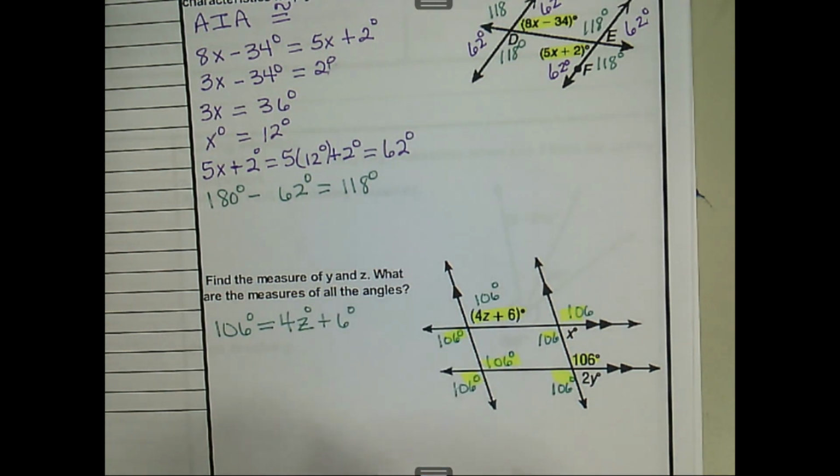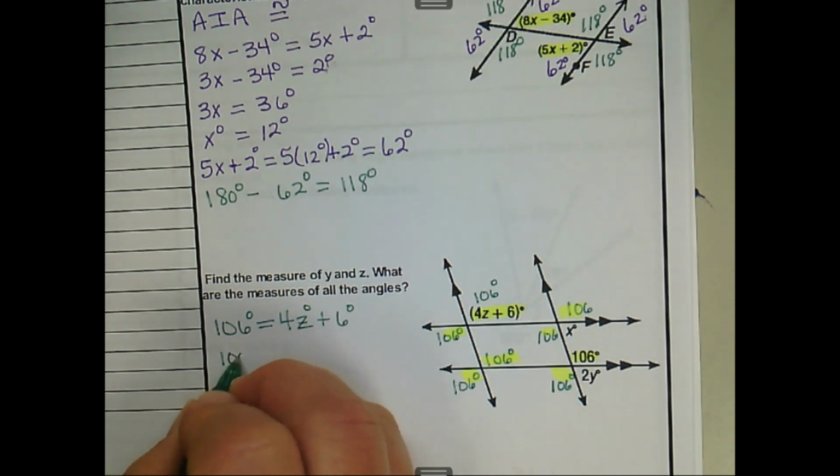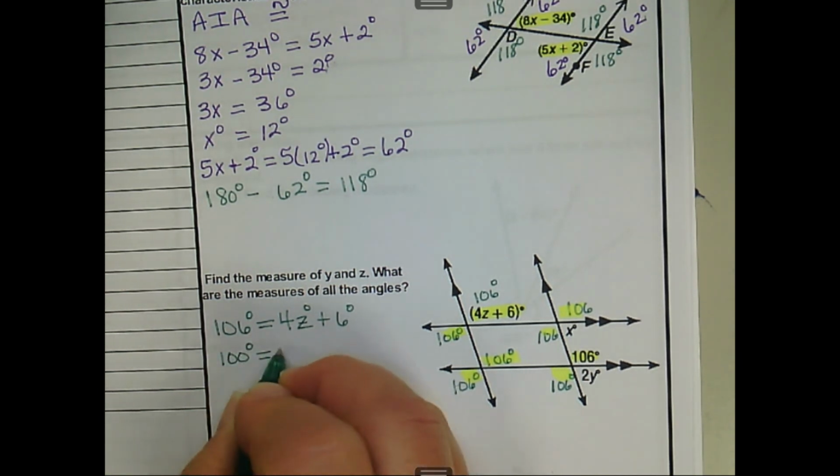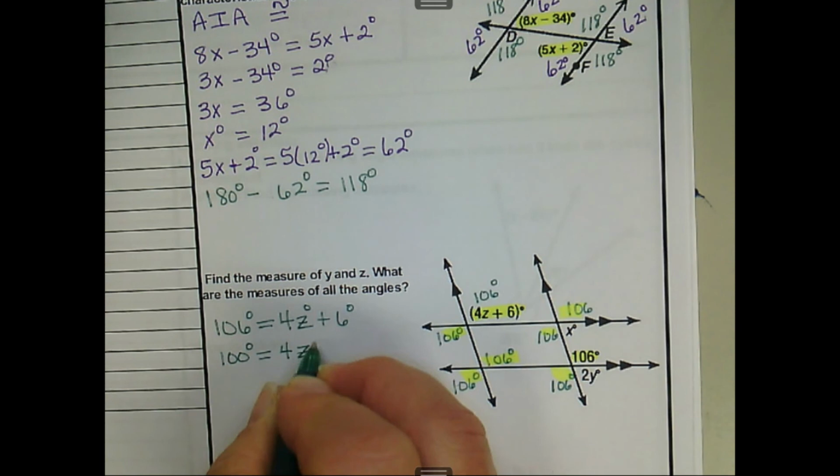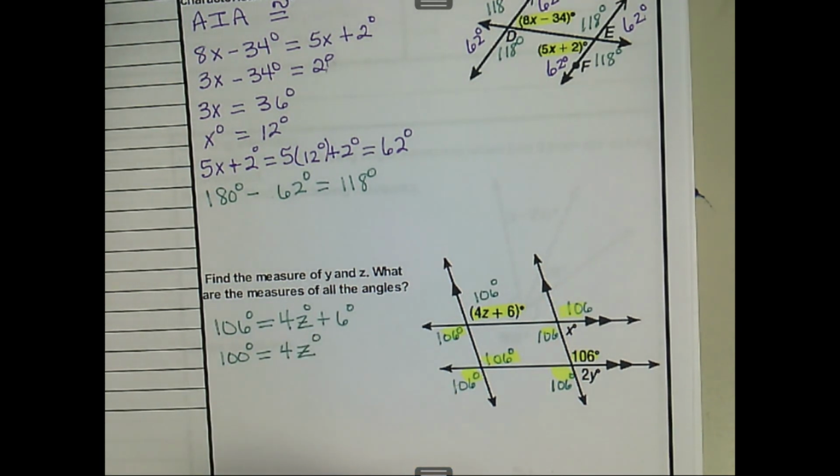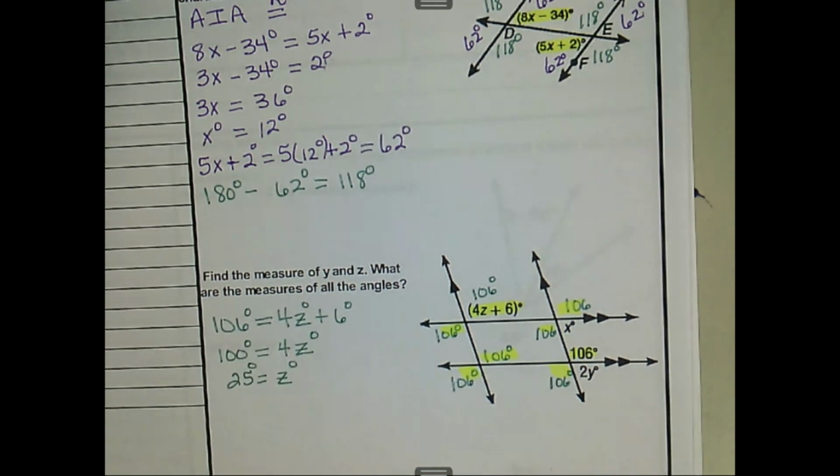Subtract 6 from both sides. 100 degrees is equal to 4 times z degrees. Divide by 4. 25 is equal to z degrees. That's 25 degrees. Okay, so I found z, I found 8, half of the angles.